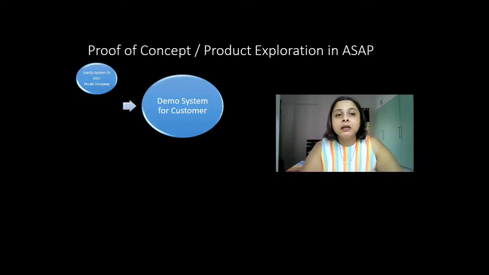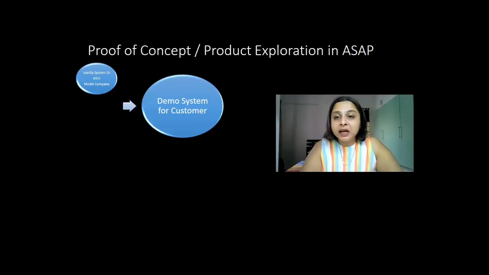Now with these three terms in mind, we will go ahead and understand what used to happen in the proof of concept phase or the product exploration phase of the ASAP project, which used to be implemented earlier for R3 or ECC implementation projects. First of all, as we discussed, whenever the implementation partner or SAP used to showcase their demo to the customer, they used to use either the vanilla system or the IDES system.